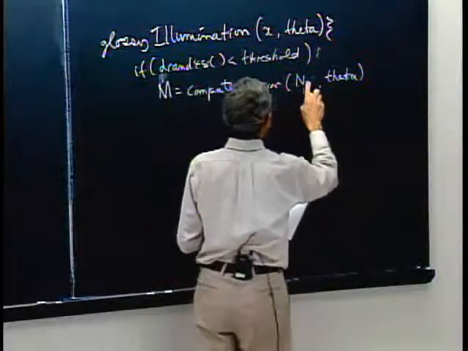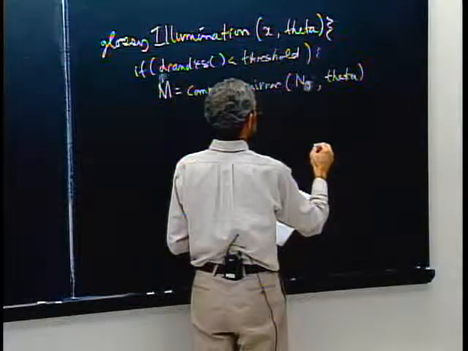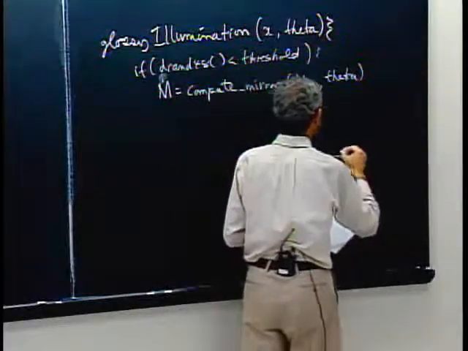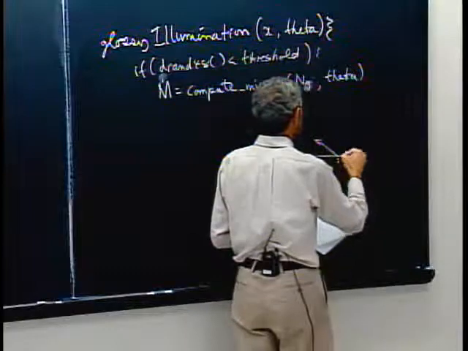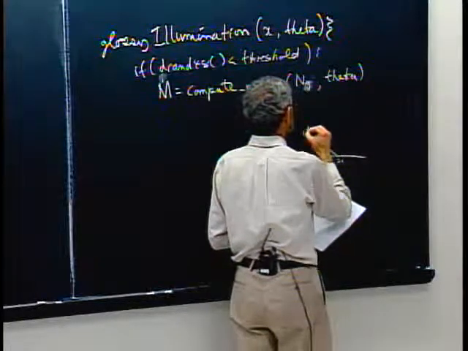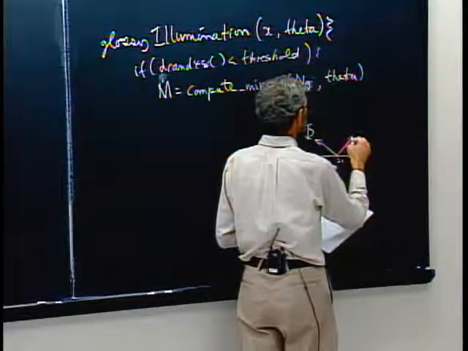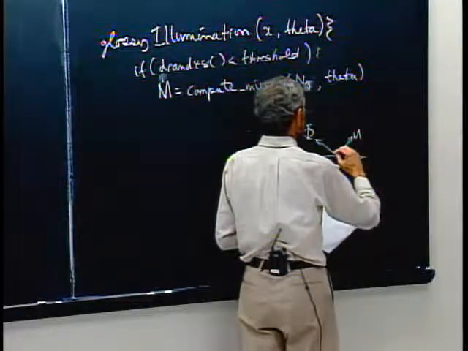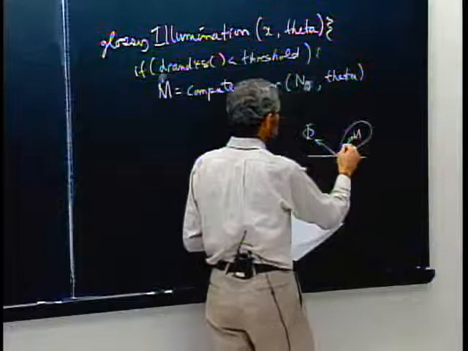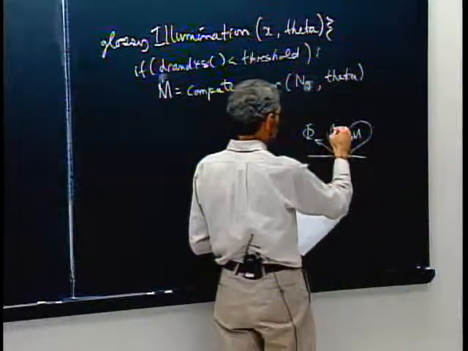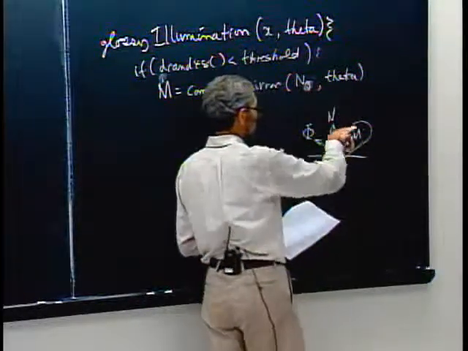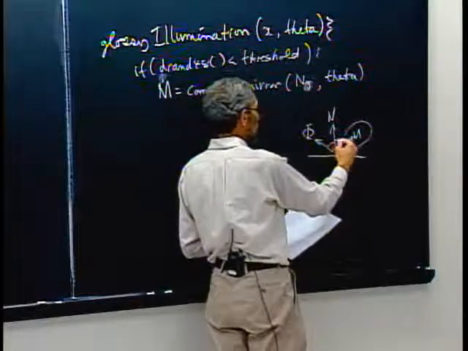No, this is the normal. Let me think about this. We had the normal, and we want the light coming out from x in direction theta. And instead of choosing a random phi, we'll choose a random phi based around a Phong lobe at this mirror M, which is the mirror reflection in this incident angle equals reflected angle plane.